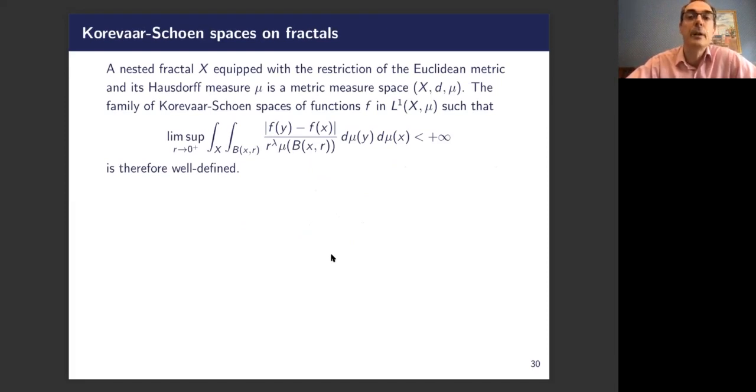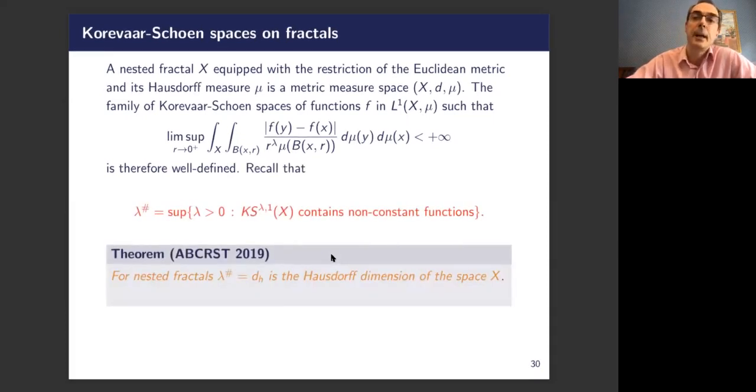So if we have a metric and a measure, we therefore have a notion of BV space in the sense of correlation energy. So we can study the scale of spaces using the metric gradient approximation in that family of spaces. And it turns out that this parameter lambda that was equal to 1 in regular metric spaces, in the fractal case is not equal to 1 anymore, reflecting the fact that smooth functions are not locally Lipschitz anymore, but they are locally Hölder.